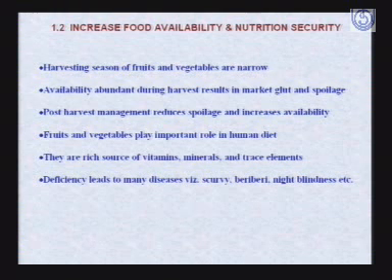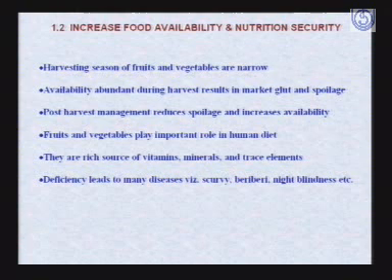Now fruits and vegetables also play a very important role in our nutrition, because nutrition security is very important to maintain good health and stay away from many diseases. The fundamental thing is that fruits and vegetables are very rich in vitamins, minerals and trace elements.